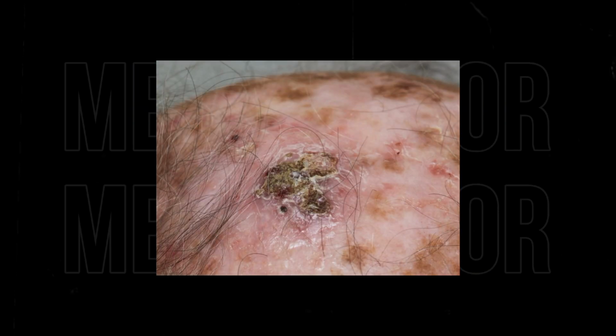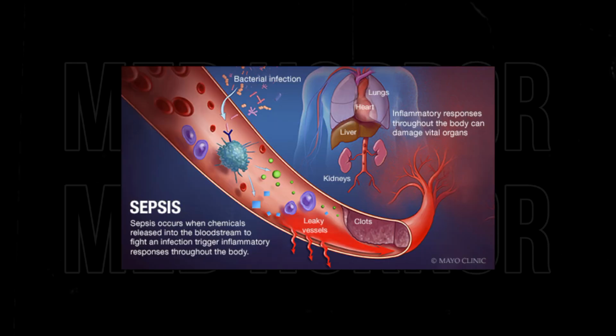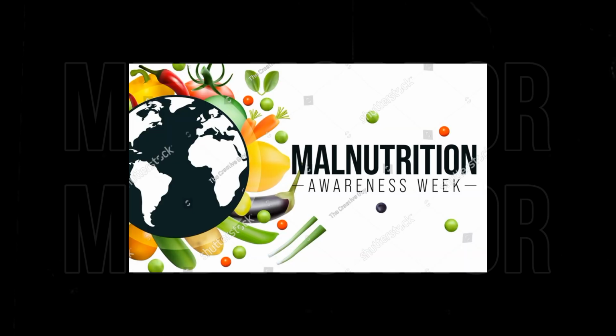Some people with EB are at an increased risk of developing a type of skin cancer called squamous cell carcinoma. Death can sometimes occur during infancy due to severe infection, sepsis, breathing problems due to blocked airways, dehydration, and malnutrition.